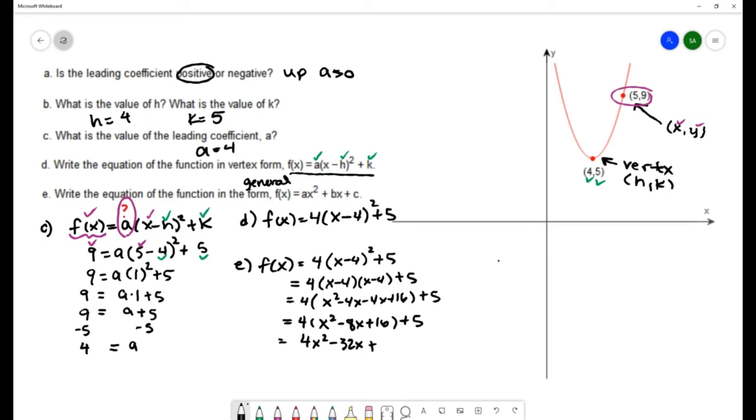And let's see, 16 times 4 is going to be 64. And I'll combine like terms. 64 plus 5 is 69. So now we have our general form of the quadratic function being f(x) = 4x^2 - 32x + 69.